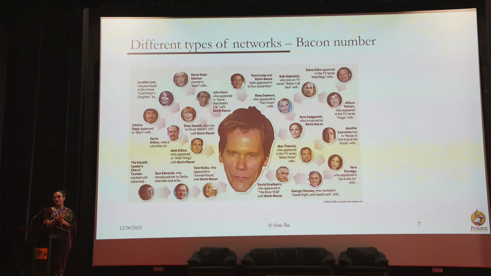Like I know one acquaintance who directly knows Kevin Bacon, and so on and so forth, right? If I know one person who knows another person who directly worked with Kevin Bacon, then my number would be two. If I know someone who knows someone who in turn knows someone who worked with Kevin Bacon directly, then my number would be three, so on and so forth.